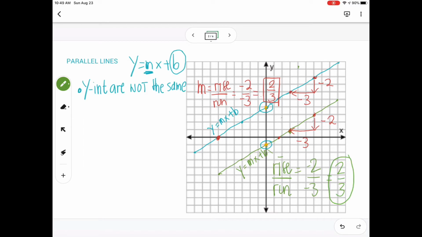And yes, now you see that parallel lines will have, this is the second characteristic, their slopes are the same. Okay, this is important, so keep that in mind. Then we're going to move on.